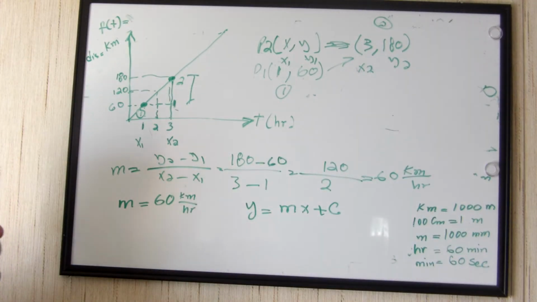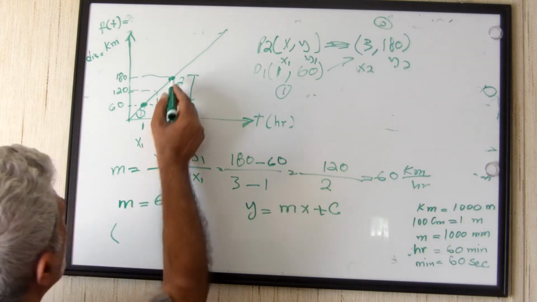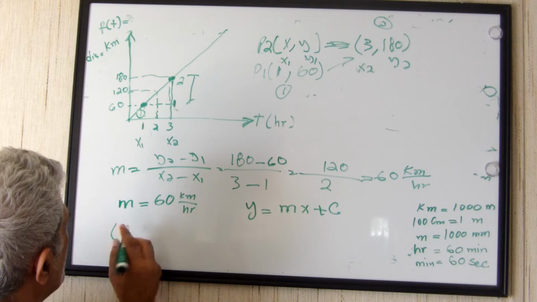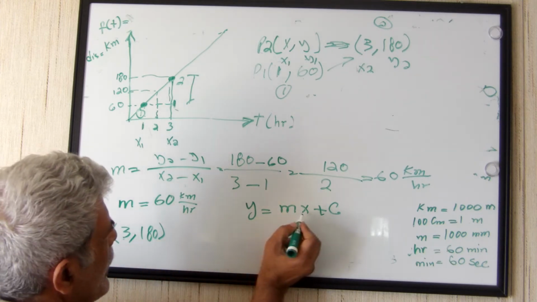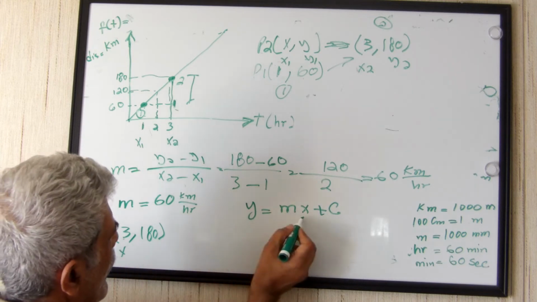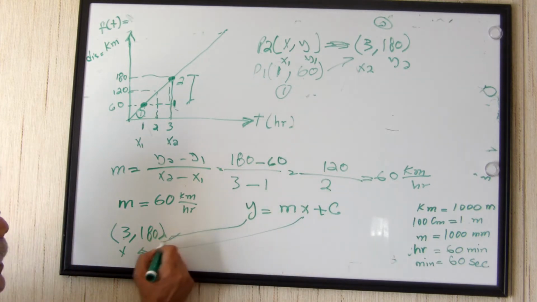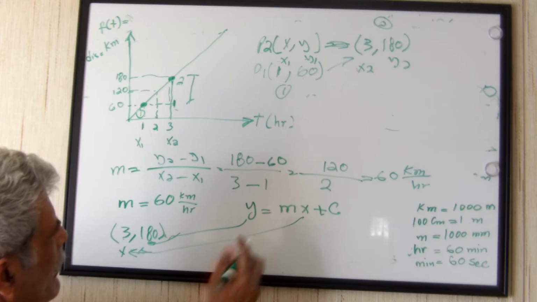How do we find this? If you have one point, like point 2, for example, x is 3 and y is 180. We have x and y here, and we have m too.